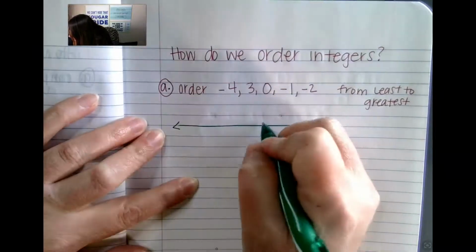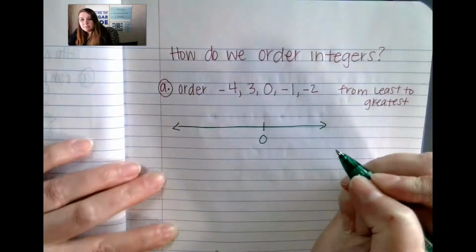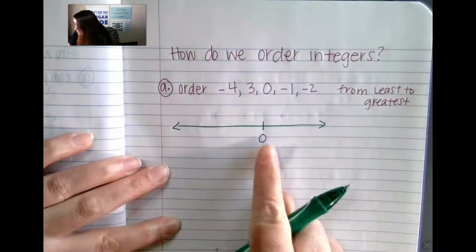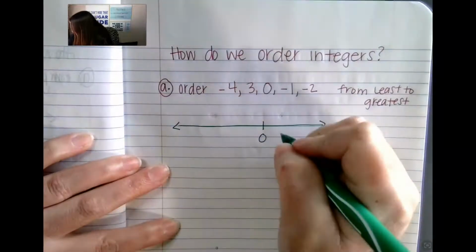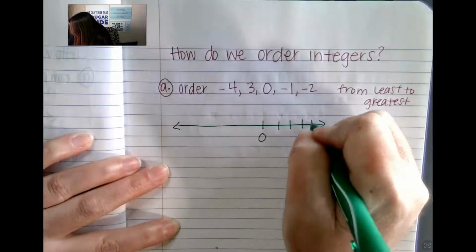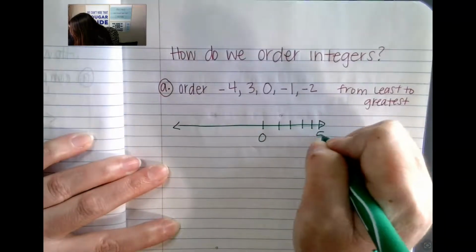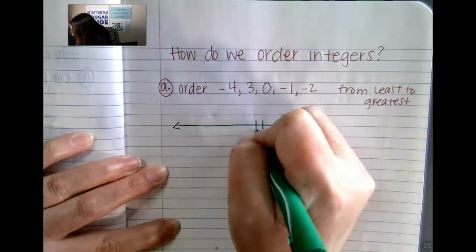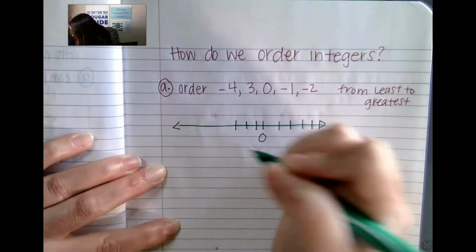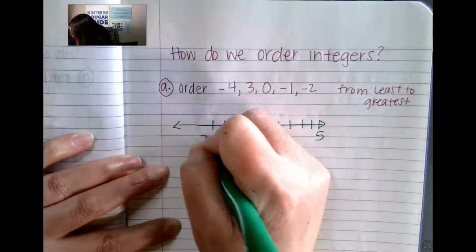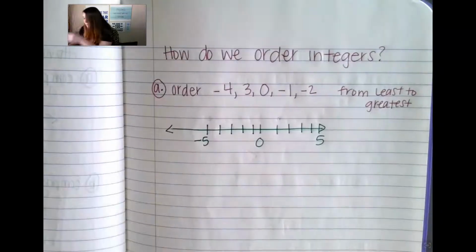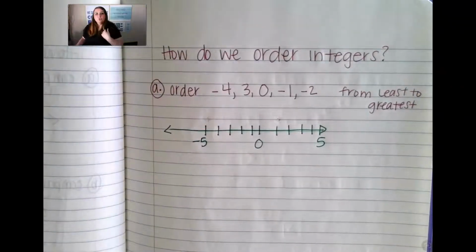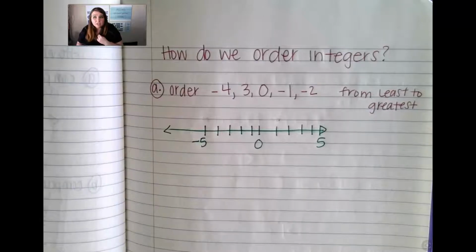And our number line, we're going to start with 0 in the middle. Okay, well, mostly in the middle, sorry. 1, 2, 3, 4, 5, +5, -1, -2, -3, -4, -5. So my first step is to graph each of these integers.